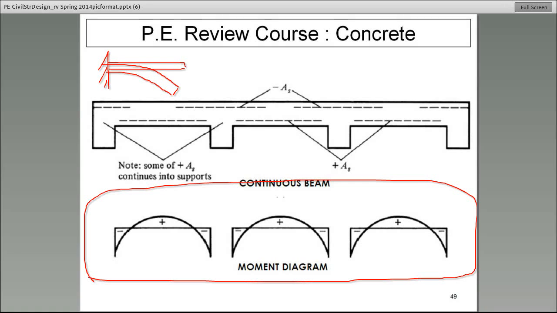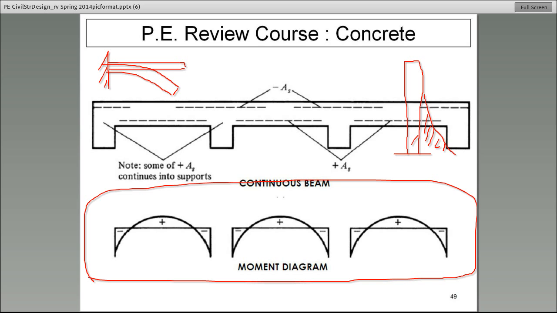Now, before we move on, let me give you one more. This is also a favorite of problems on the test. They give you a wall. It could be a retaining wall with some soil at one side, or it could be water. And then they give you steel.